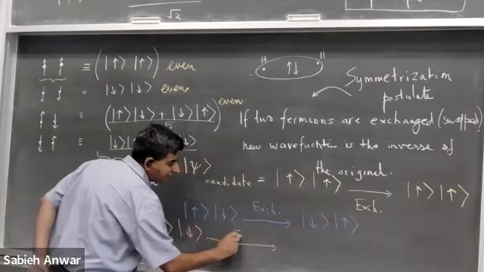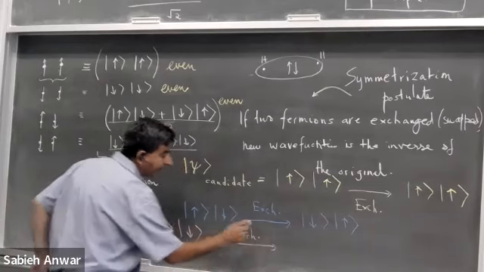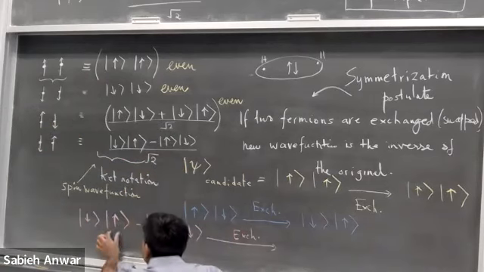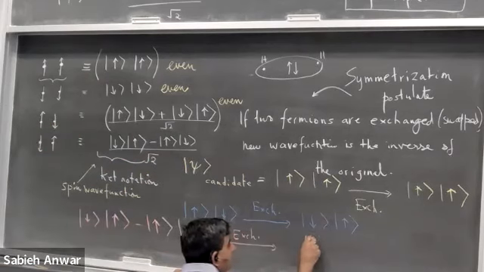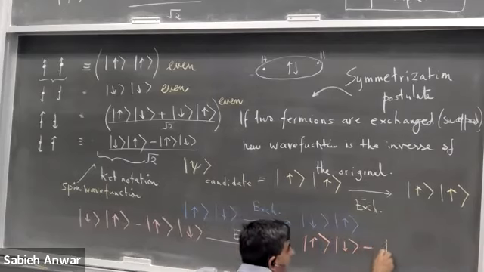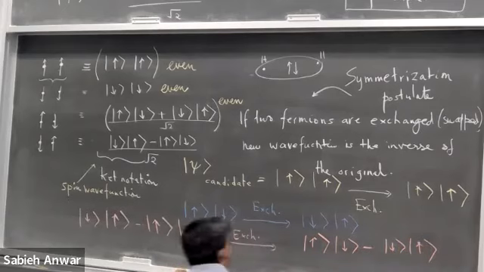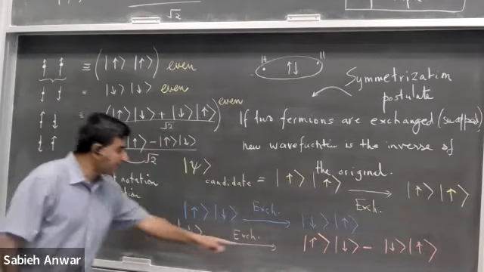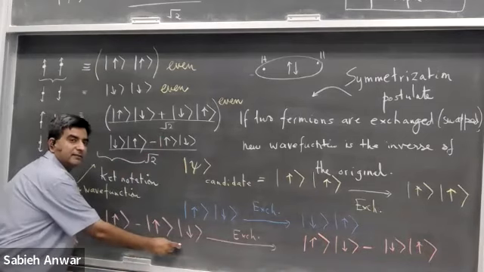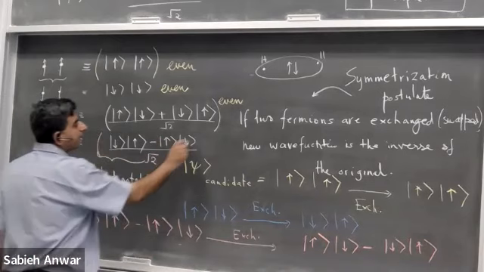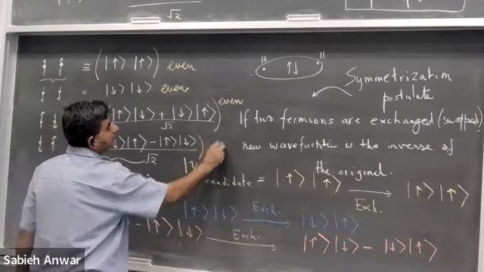I exchange the spin labels. This becomes up, down, minus, down, up. So this is just the negative of this thing, right? So this is an example of an odd spin wave function.